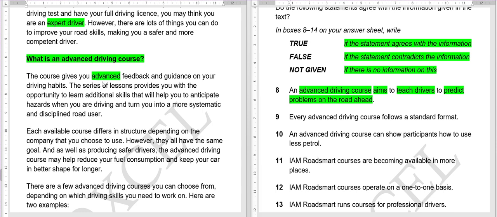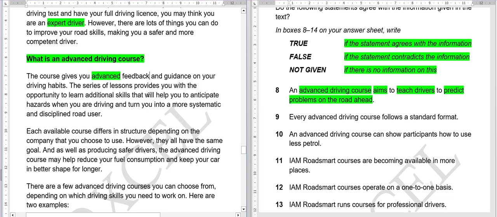Yeah, the course gives you advanced feedback, like what kind of problems you may be having, or what kind of errors you may be committing in your driving. So that's the feedback you will get. The series of lessons provides you with the opportunity to learn additional skills that will help you to anticipate hazards when you are driving and turn you into more systematic and disciplined road users.